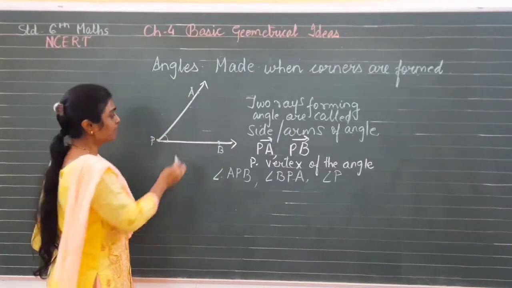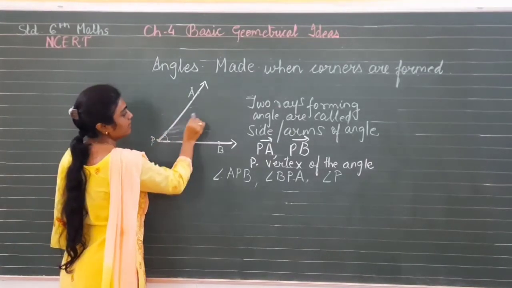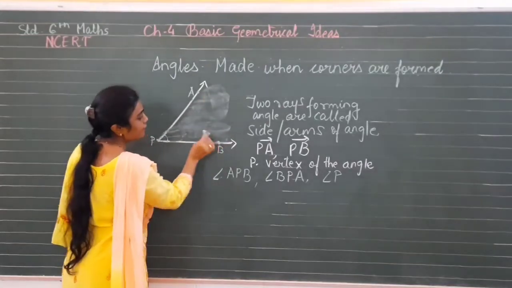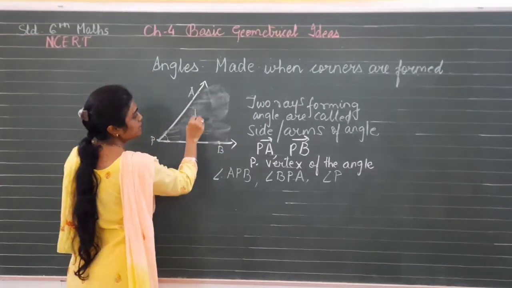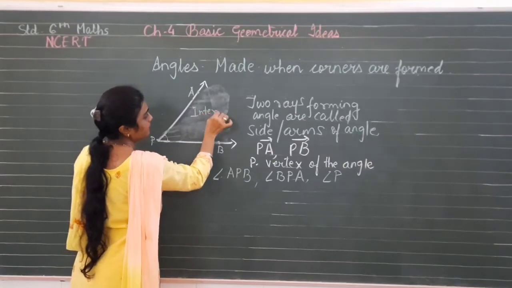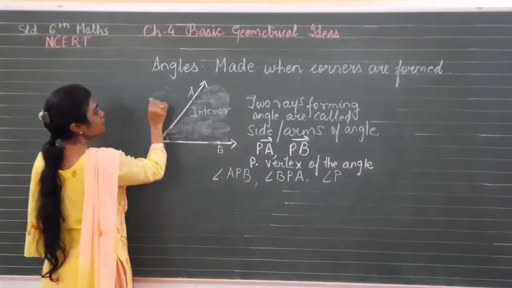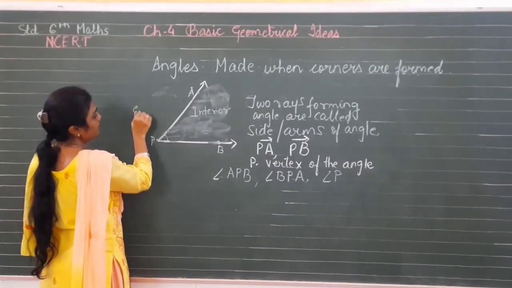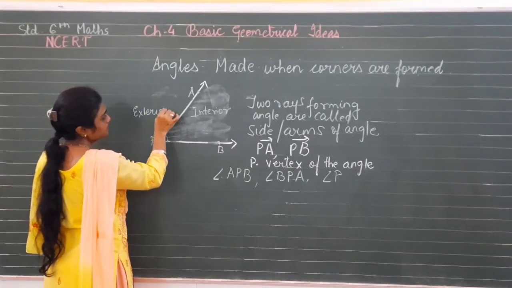So ray PA and ray PB are the two arms or the two sides of the angle. Now this portion which is inside the angle is called the interior, and this portion which is outside is called the exterior.